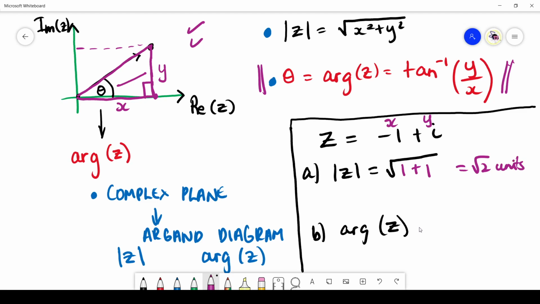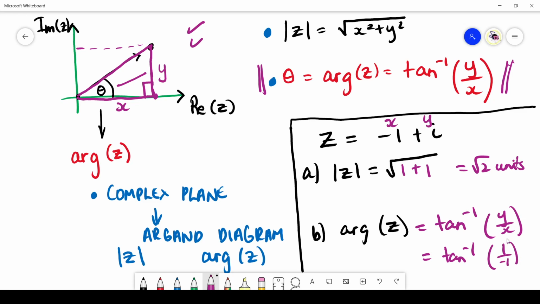And the argument is given by the formula tan inverse of y on x. And this is going to be tan inverse of y has a value of 1 and x has a value of -1.